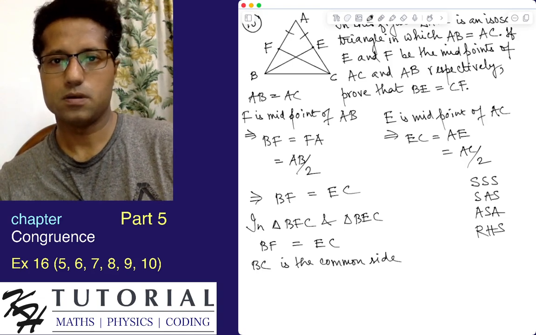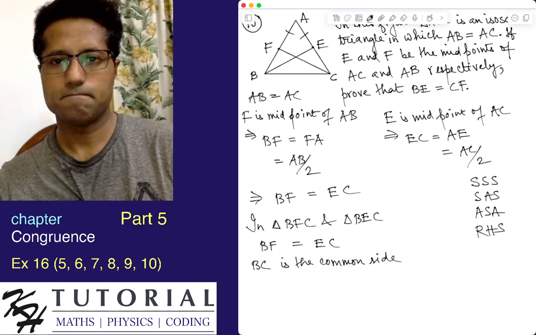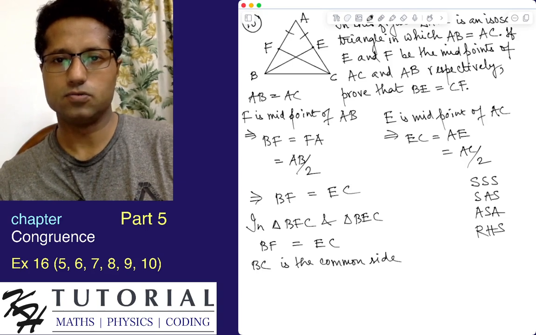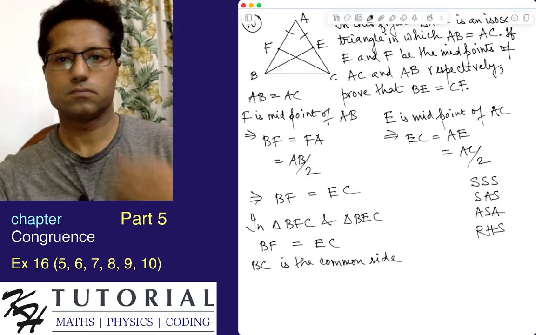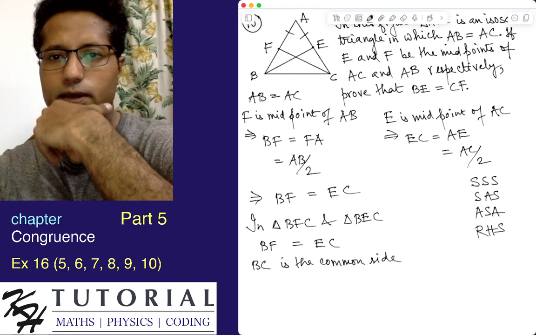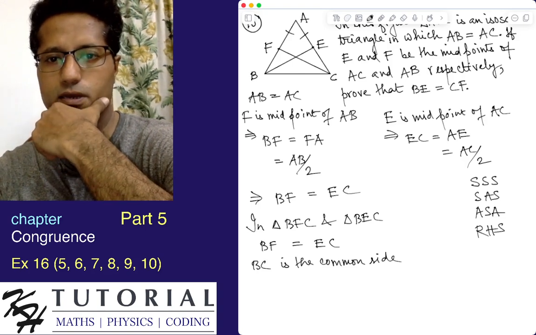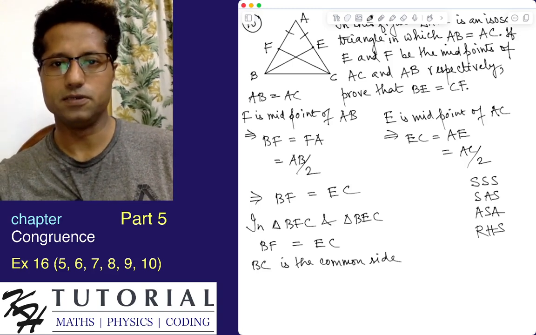Now BF is equal to EC, BC is a common side, and what else do I get? Angle B is equal to angle C, but that is not helping. Angle B and angle C are not angles of the triangle BFC or BEC.